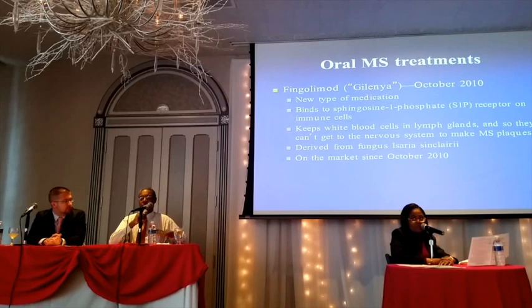And since then there have been a wide variety of other injectables. So the Avonex, which is similar to but not exactly like Betaseron, the Copaxone, which tricks your immune system into beating up on it rather than on the nerves, the Tysabri, which is an antibody, the Novantrone, which is a chemotherapy agent.